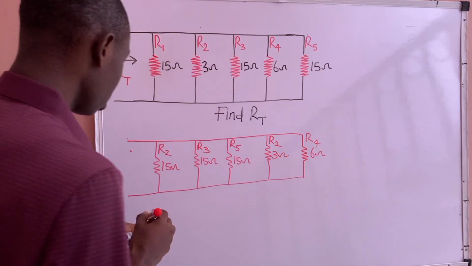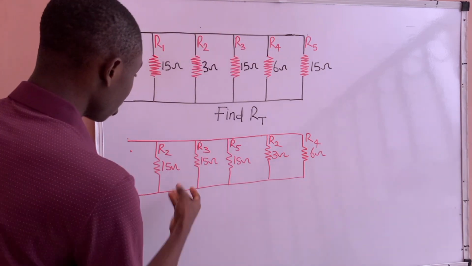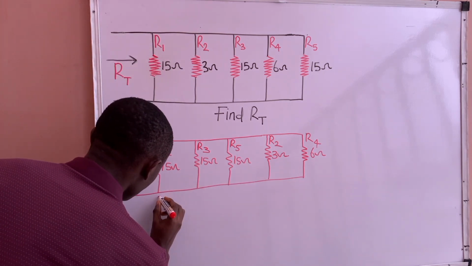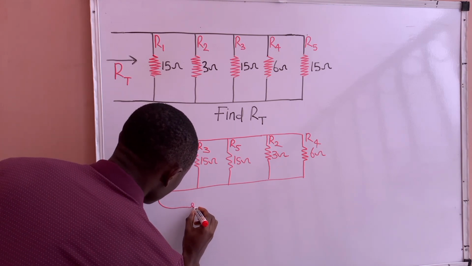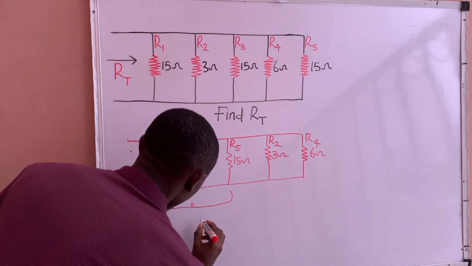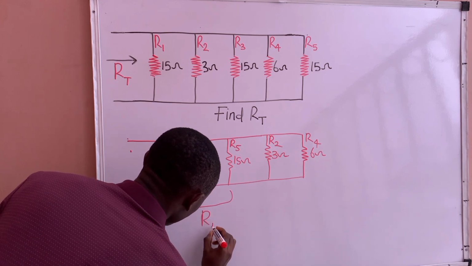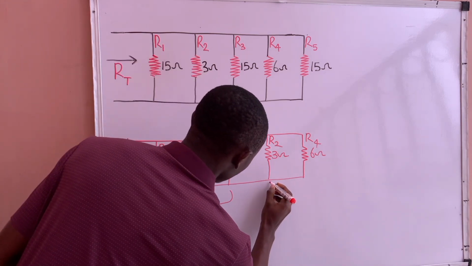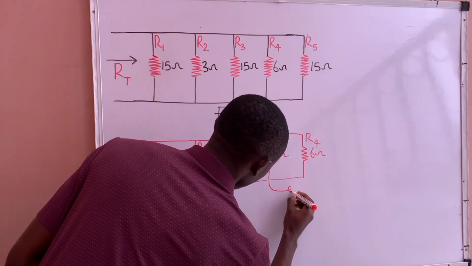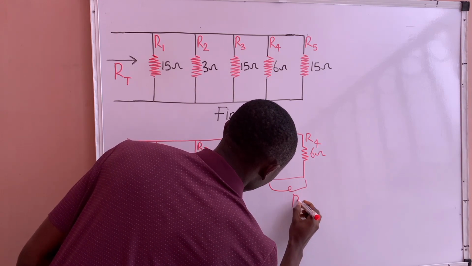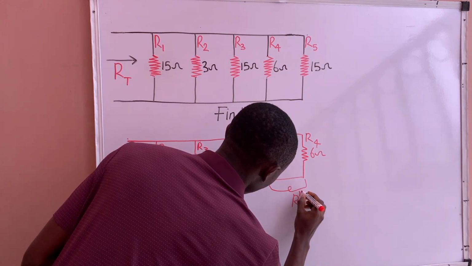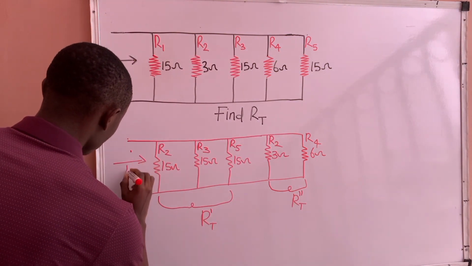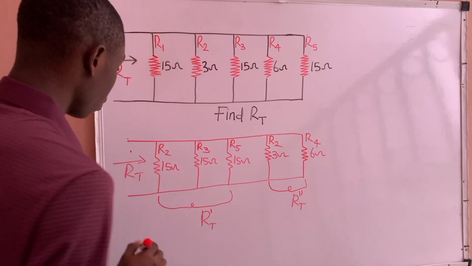Now we have grouped the same values of resistors together. So we can call this RT prime, and we can group these two as RT prime also. Remember, it is the total resistance, RT, we are looking for.